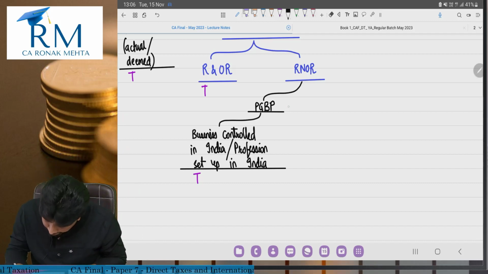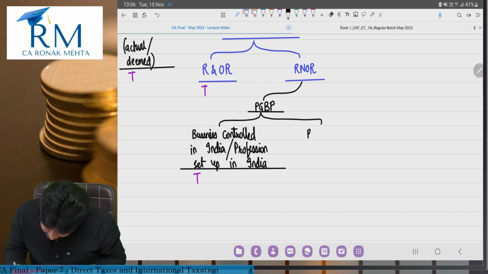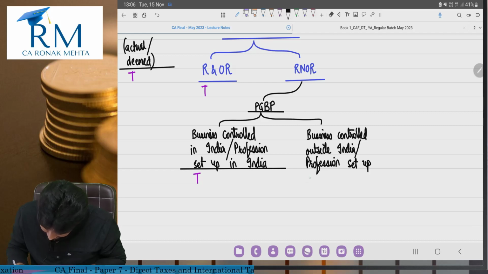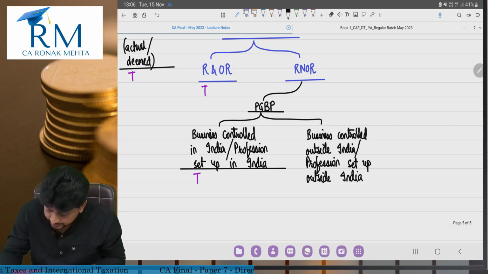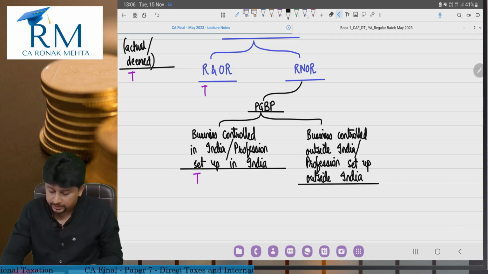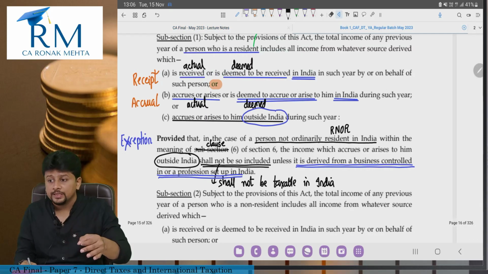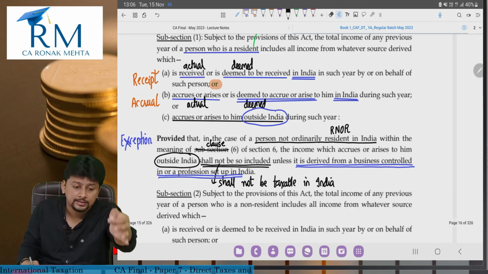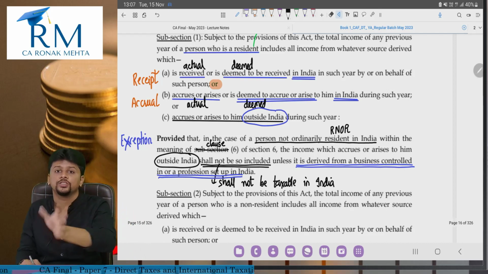Which implies that if I now tell you that the business is controlled outside India, or the profession is set up outside India, then do I fall in that proviso? What is the proviso saying? The proviso is saying that income will not be taxed in India unless it is derived from a business controlled in India, profession set up in India.